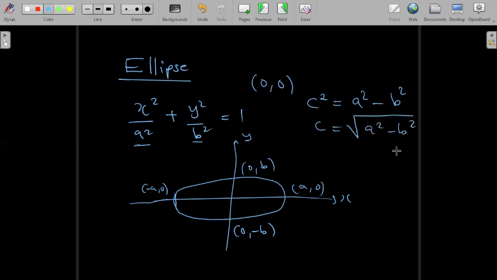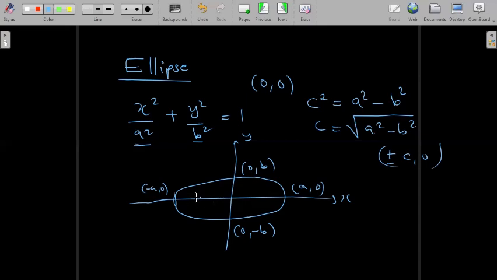And you get plus or minus c like this. In this case, it sits along the x axis. An ellipse has what we call foci. Foci is the plural of focus, so there are two of them.